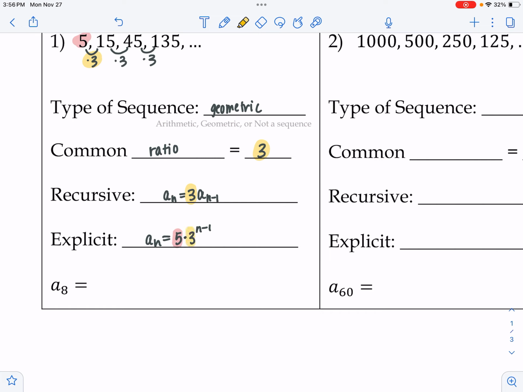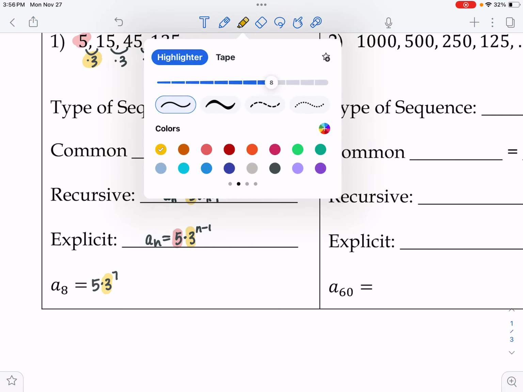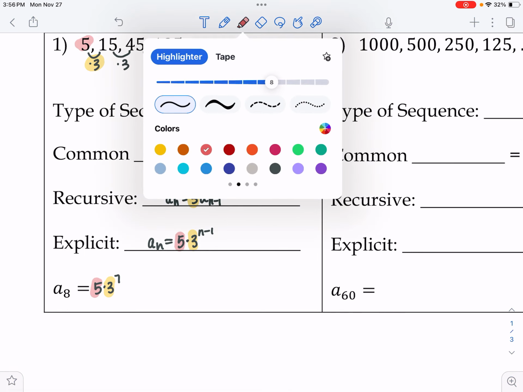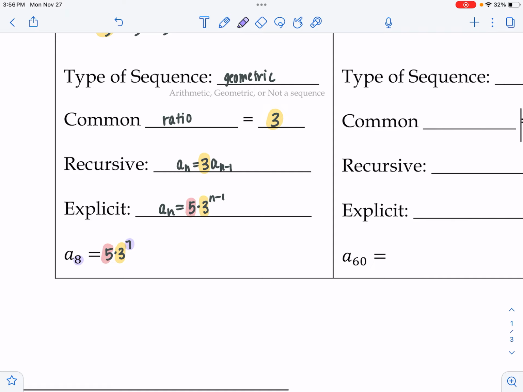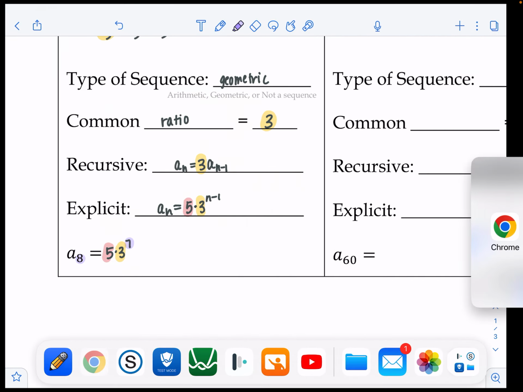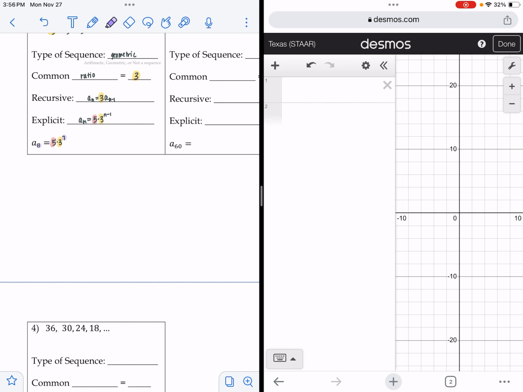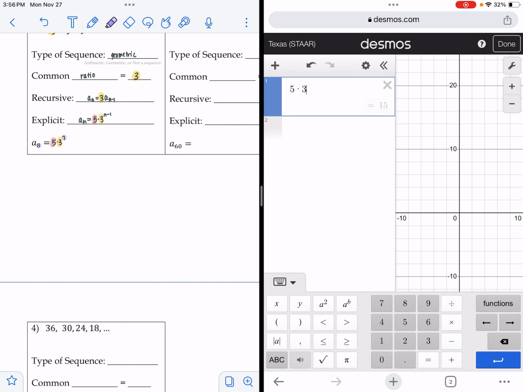The 3 was the common ratio. So to get to the 8th term, we would take that 5 and we would multiply it by 3 seven times. That 3 is the common ratio. That 5 is the first term. And to get to the 8th term, we have to do n minus 1 for the exponent. And so we could type that into the calculator. 5 times 3 raised to the 7th would give us 10,935.